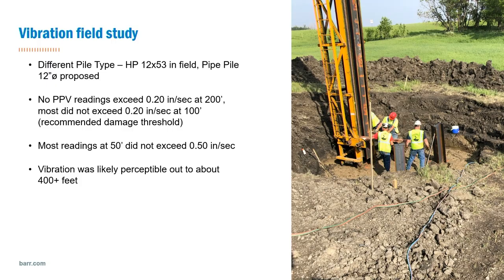Most didn't exceed 0.2 at 100 feet, which is a recommended damage threshold. Most readings at 50 feet didn't exceed 0.5 inches per second. And that'll be important later when I talk about how we set our thresholds for the project. But what we could tell is that over 400 feet away, you could still feel some of the pile driving. And so when we started thinking about it, that impacted roughly 31 homes or so in the area around our project site.